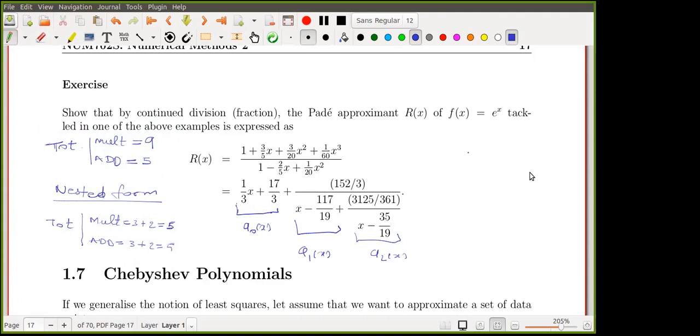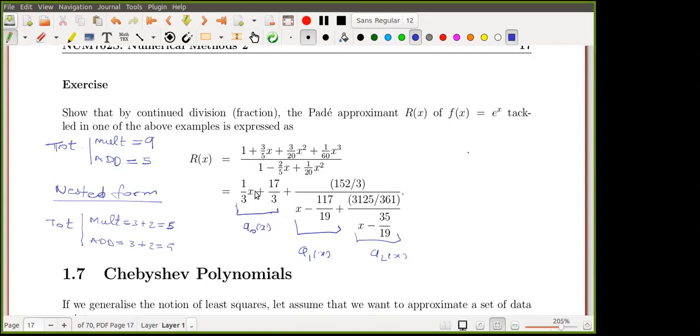Now here we have performed the continued fraction. Now let us try to compute the number of operations, because that's what is really costly. If you look at the number of multiplications, we just look at where x is present, right? That's where we count the multiplications.